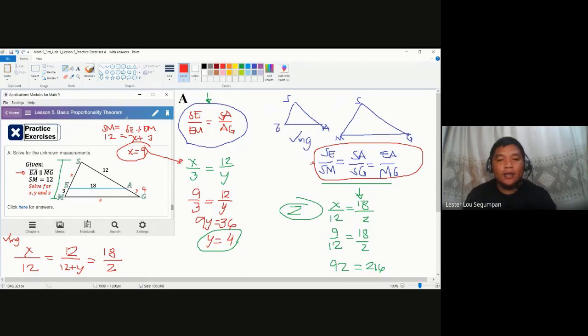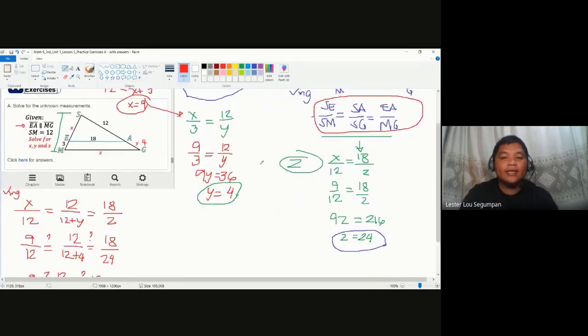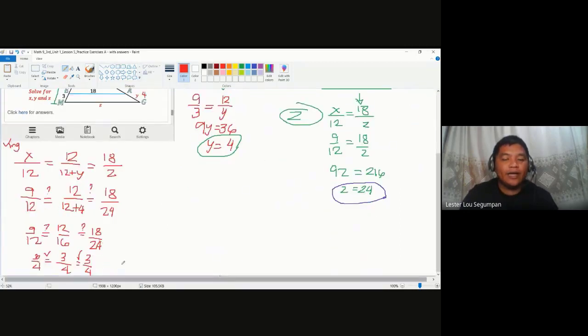As to the question whether this proportion of sides could still solve x and y even without using the basic proportionality theorem, the answer is still yes. It now depends on you which you will use, as long as once you check, it satisfies and creates the same ratio of similarity.